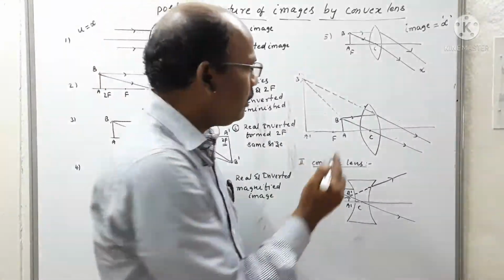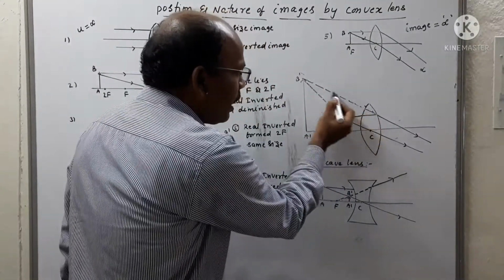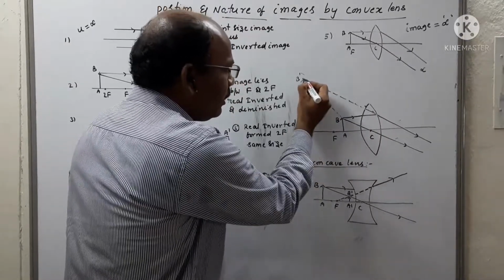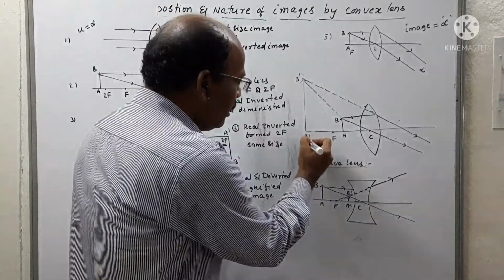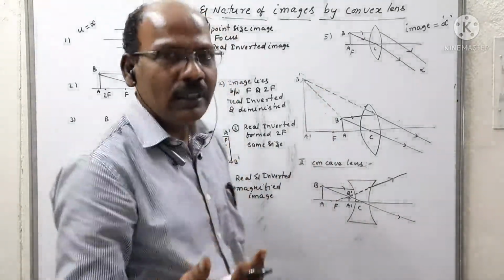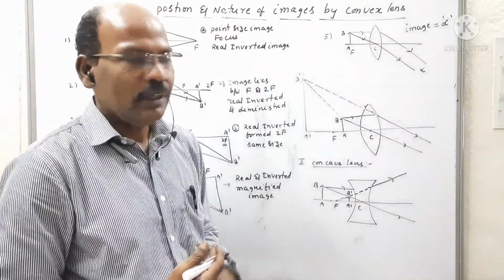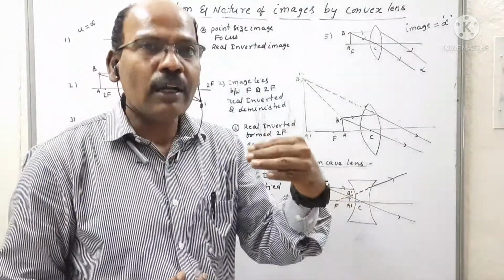Due to that reason, we extend the refracted rays in the backward direction. These two rays are intersecting at this point and form the image A dash, B dash on the same side of the convex lens. So this image is called virtual, erect or upright.